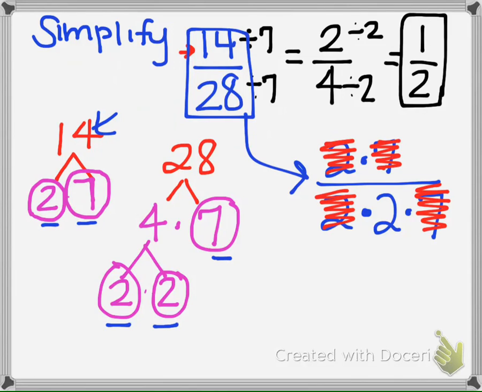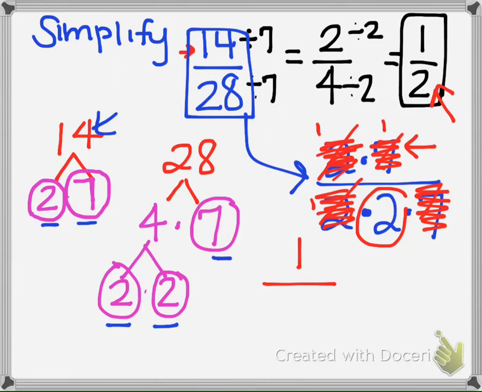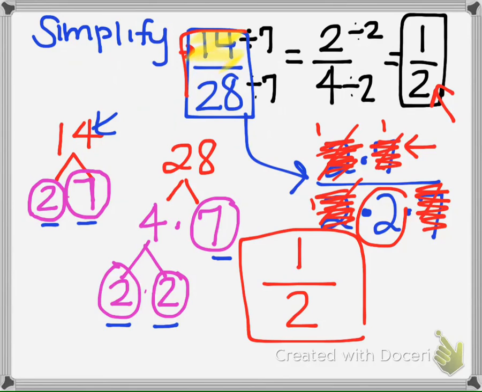As you can see, there's only a 2 left. And there's nothing left in the numerator, so we have to put a 1 if everything's gone, because these all divided out and made 1. 2 divided by 2 is 1, 7 divided by 7 is 1. So when these cancel, they make a 1, so we're going to put 1/2. So this fraction simplifies to 1/2.